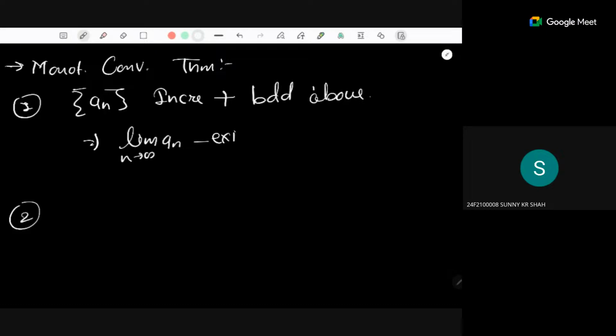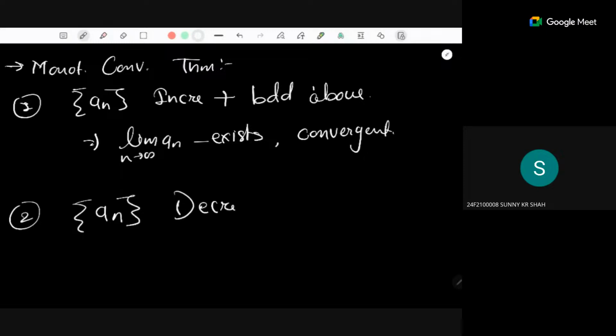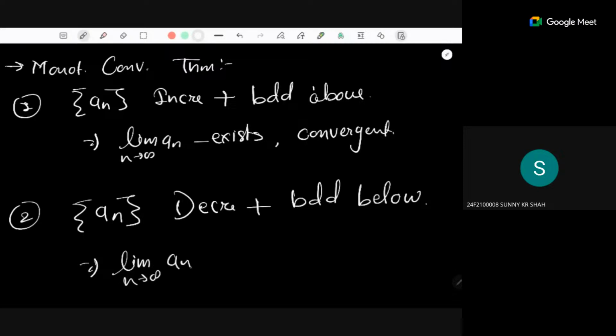And when the limit exists, we say it is a convergent sequence. The second statement goes like this: if the sequence a_n is decreasing plus bounded below, then also the limit as n goes to infinity exists, and it's a convergent sequence.